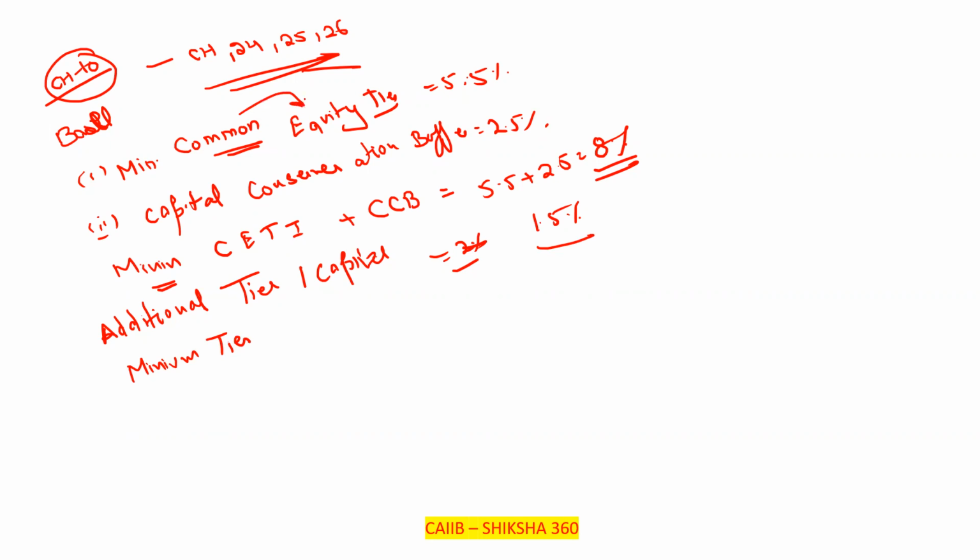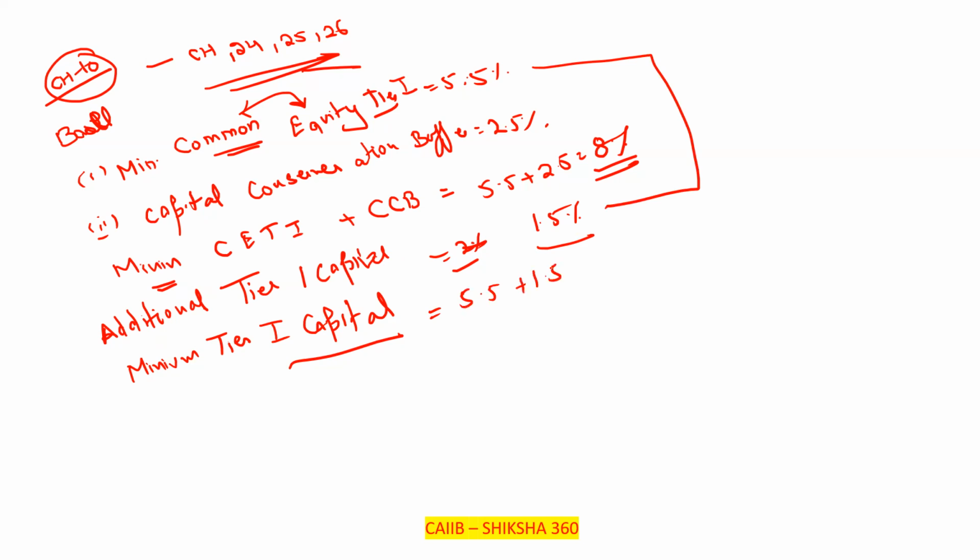Minimum tier 1 is minimum common equity tier 1 plus additional tier 1: 5.5 plus 1.5, 7%. Tier 2 capital is 2%.